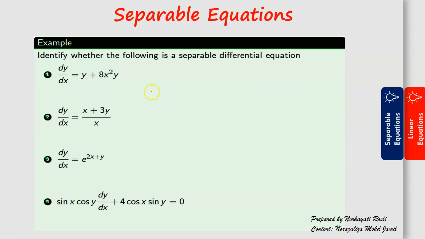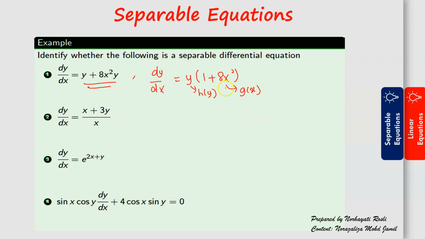Next class, we go to this example. You need to identify whether the following is a separable differential equation or not. First one, we have dy/dx equal to y + 8x^2 y. In this case, I can factorize the right side such that I have y times (1 + 8x^2). So this one is my h(y) and this one is my g(x).